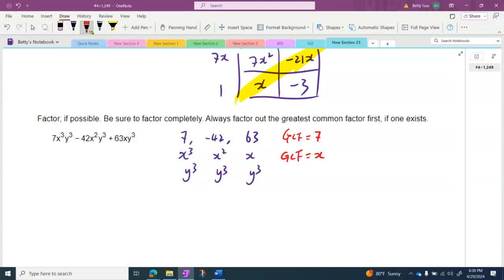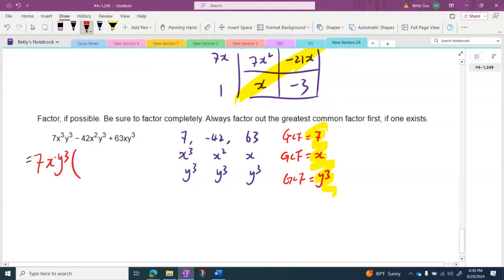They are all the same, of course, so the GCF is y cubed. So the GCF of the three terms is going to be 7xy cubed. Multiply the three things together. 7xy cubed. And then multiply by a parentheses.